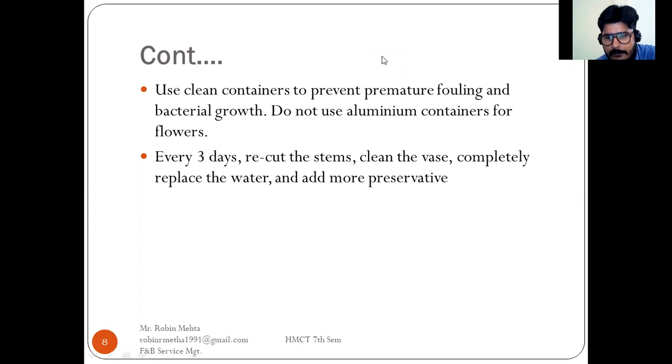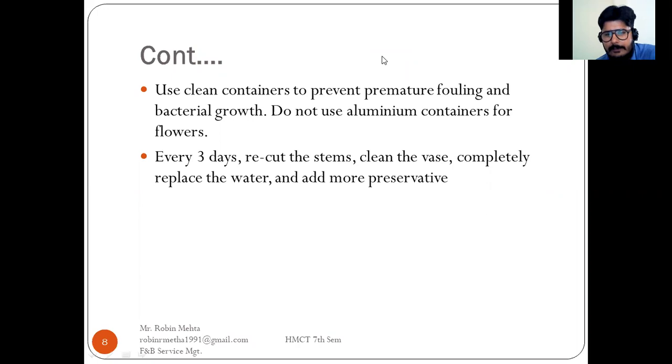And clean the vase. You have to clean the vase again if you are only using water. If you are using sand, there is no way to clean the vase.